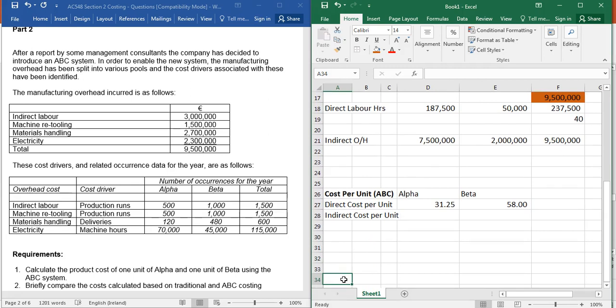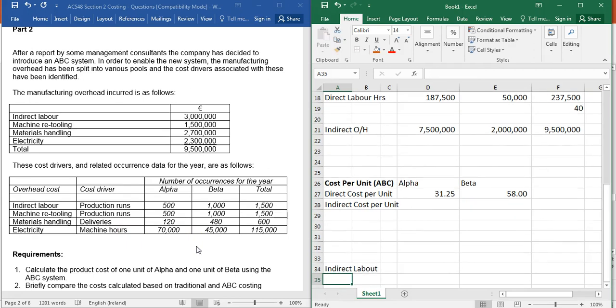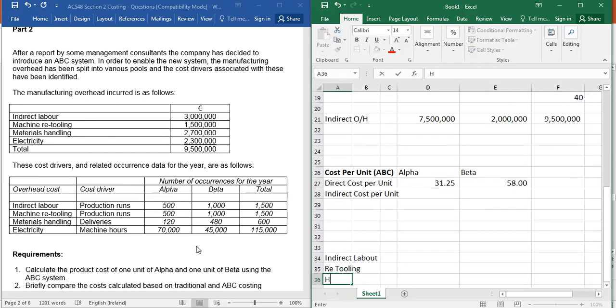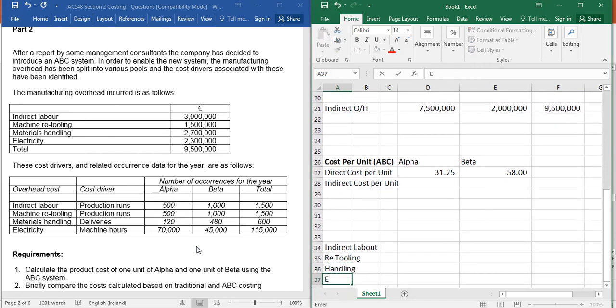Before, we said the best basis we have is €40 per labour hour. And now we're saying that's not really accurate enough. Let's go into a bit more detail. So we're going to look at indirect labour. We're going to look at retooling. We're going to look at handling. And we're going to look at electricity.